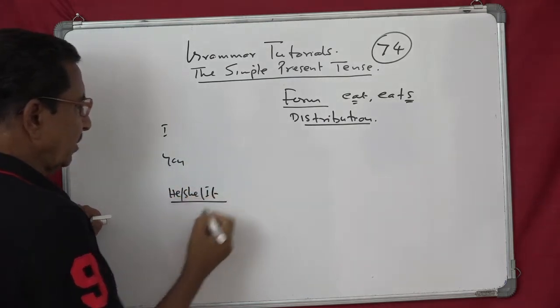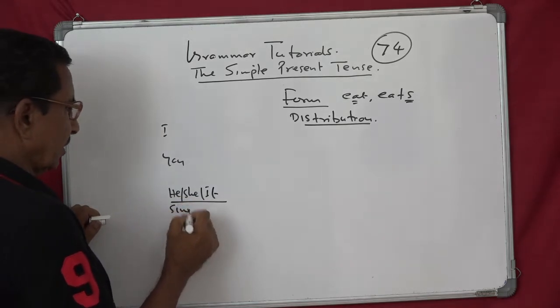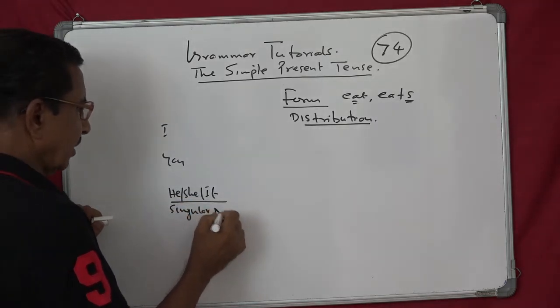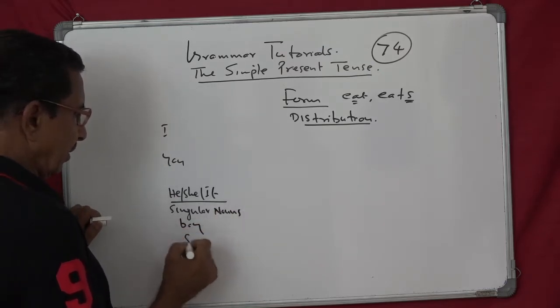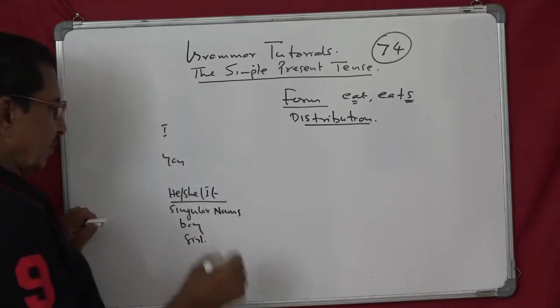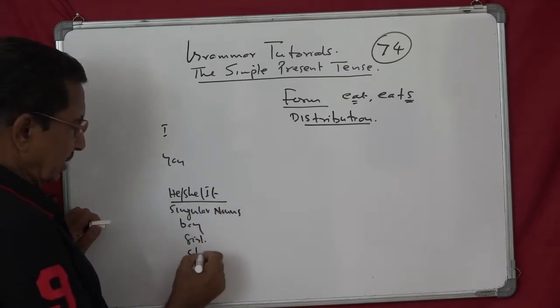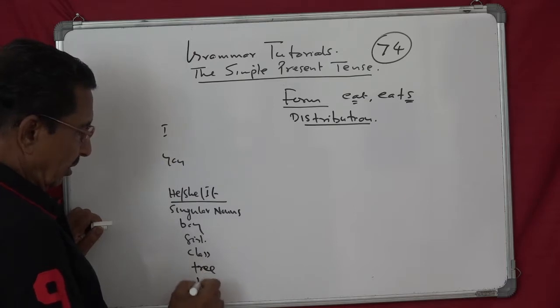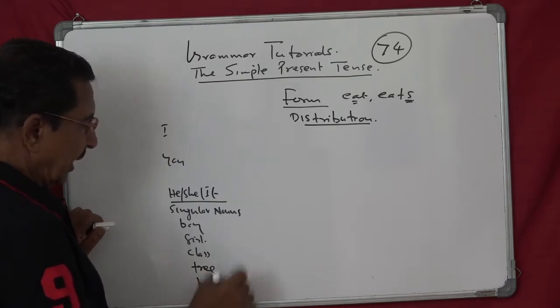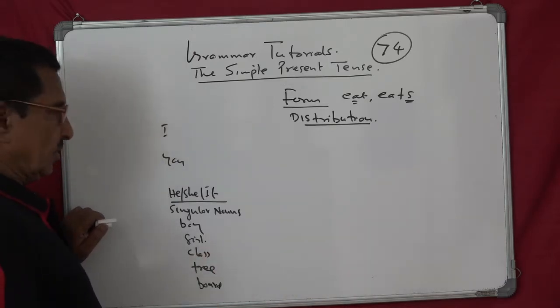This stands for singular nouns, like boy, girl, class, tree, board, stone and so on.